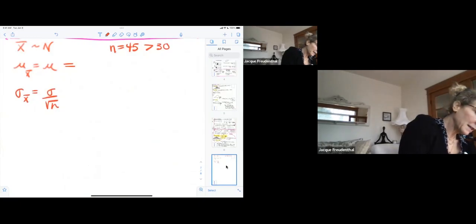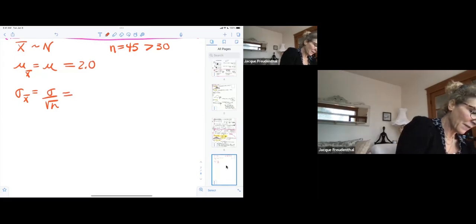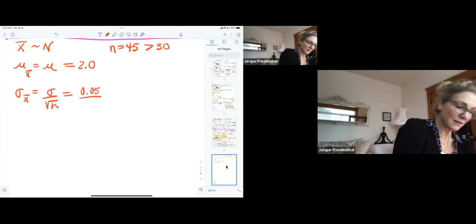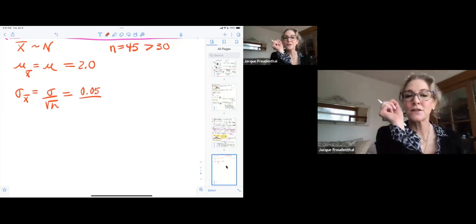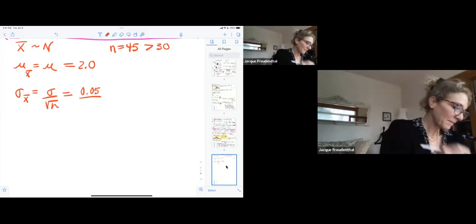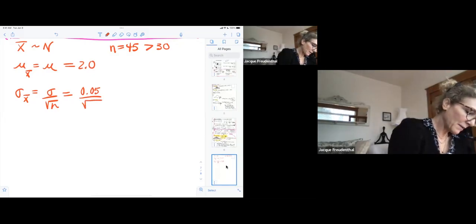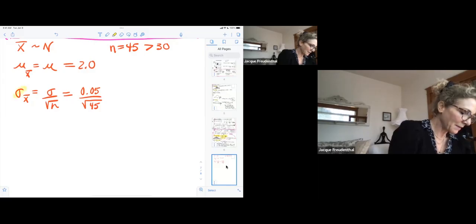So the mean is 2.0 liters, and the standard deviation of the population is 0.05. I didn't speak that right. So 0.05 over the square root of 45. So I have to calculate, because I'm looking at the sampling distribution of X bar.